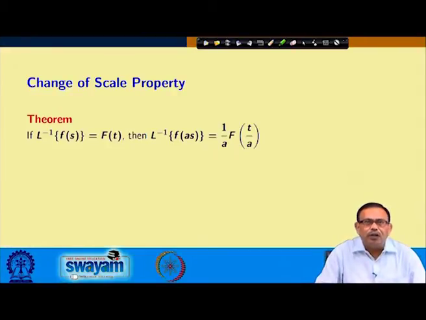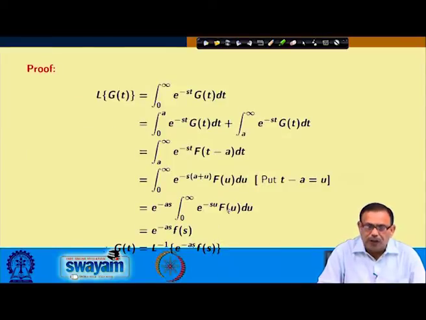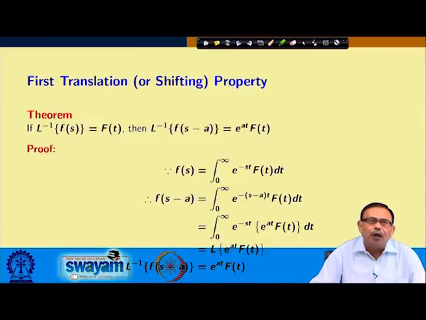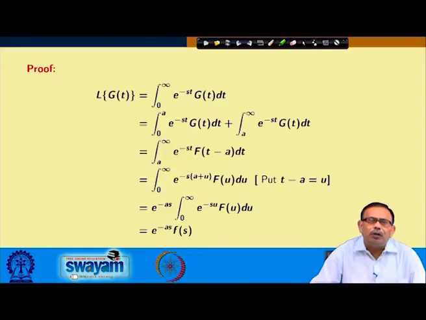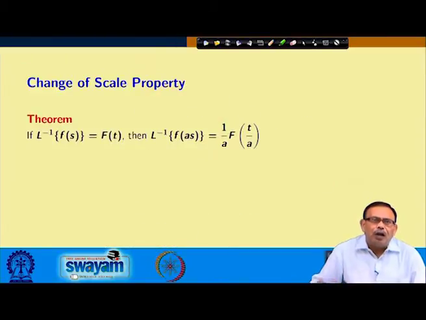Now, the next theorem is the change of scale property. It says that if the Laplace inverse of F(s) equals f(t), then the Laplace inverse of F(a s) equals 1 by a into f(t by a).